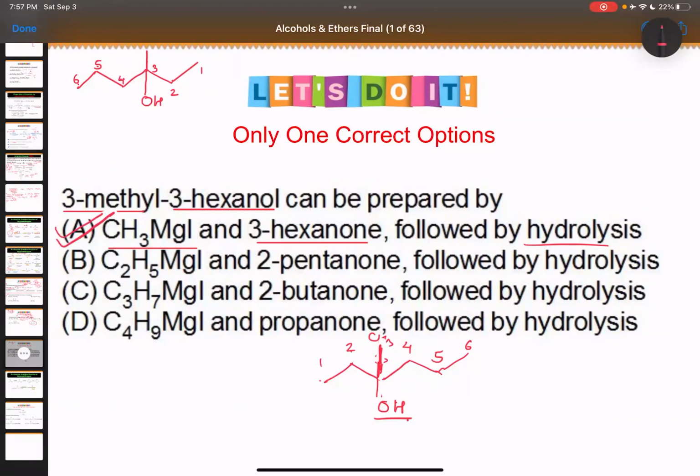Is it clear? Yes, sir. Right? Actually, this is not only one correct. This is a one or more than one correct option question. So is this the answer of this problem?